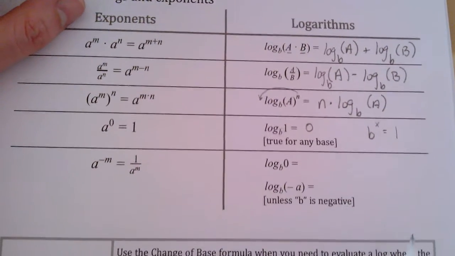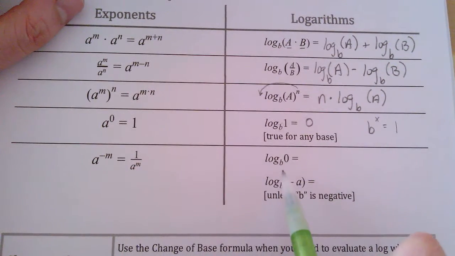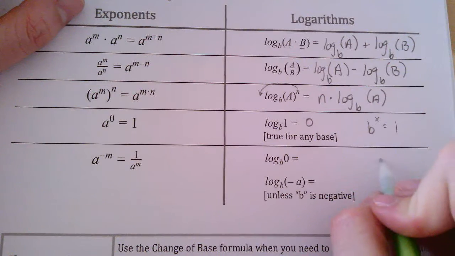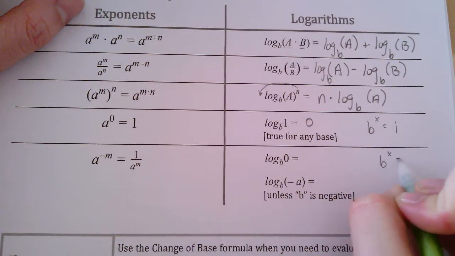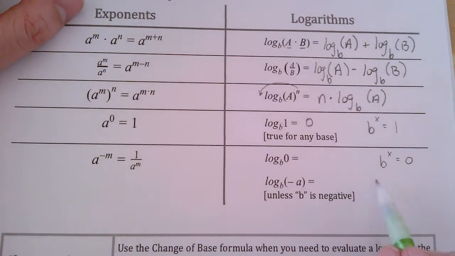All right, and then our last one, log base b of 0. This is like saying, hey, b to what exponent gives me the number 0? And let's think about that for a minute. If I were to take 2 to an exponent or 3 to an exponent, could I ever make it equal to 0?